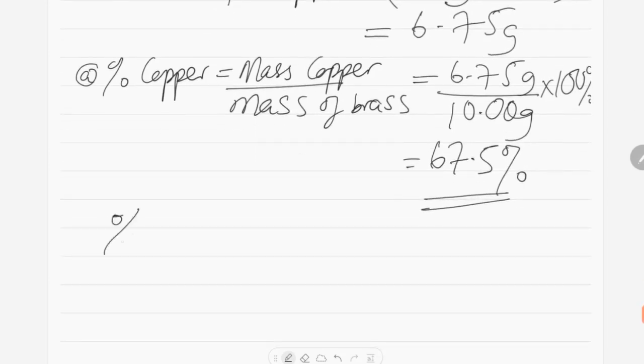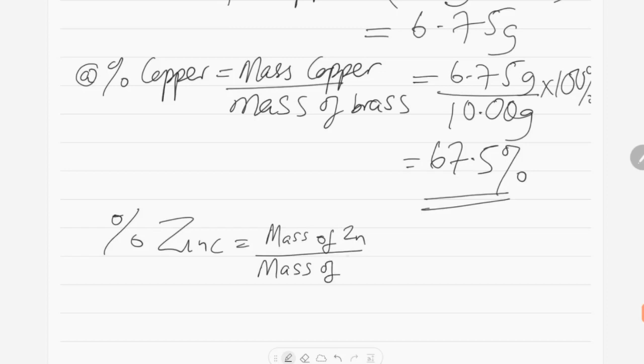Let's find also the percent for zinc, which is equal to mass of zinc over mass of brass.